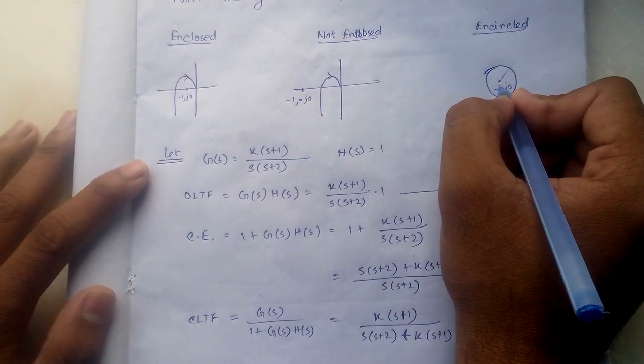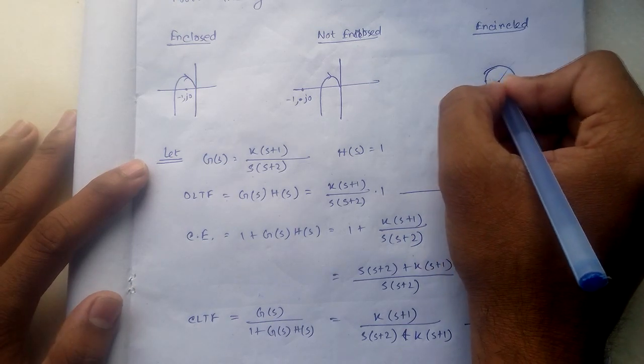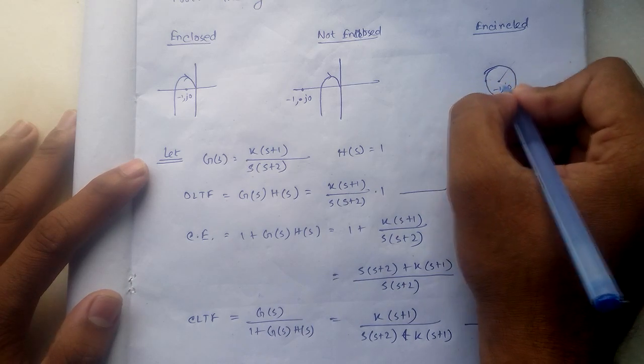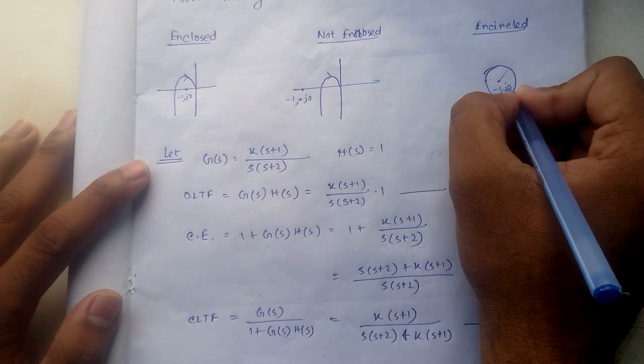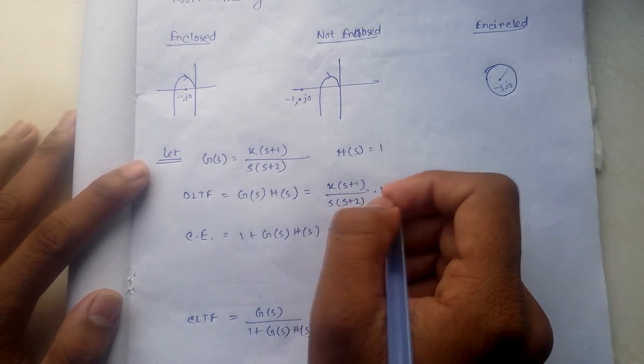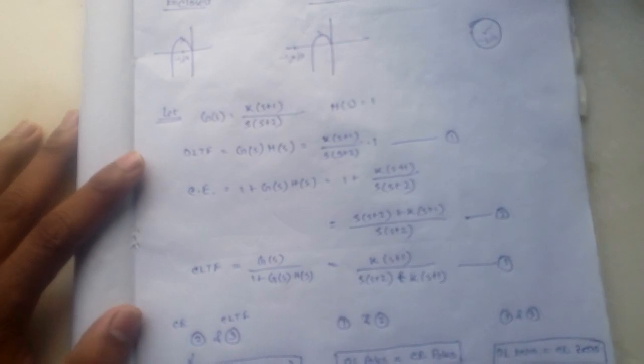And if the gain is constant and the phase is changing, and in between that the reference point minus 1 j0 lies, then it is called encircled. That concept will help you after some time.